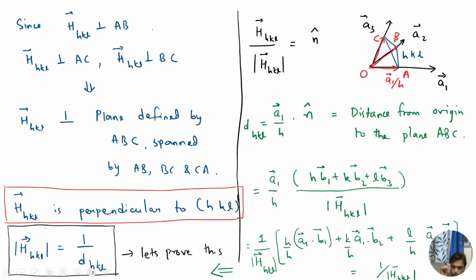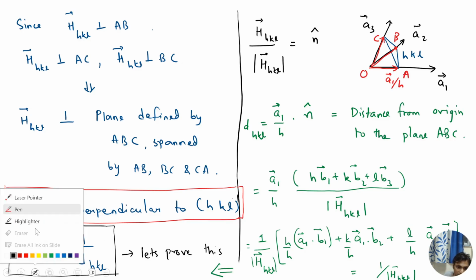So let us start with that. Let us take the unit vector along this h of hkl. What do we do to get the unit vector? We just divide by its magnitude. And what is dhkl? Dhkl is nothing but the component of OA along the line which is perpendicularly joining from O to this plane.